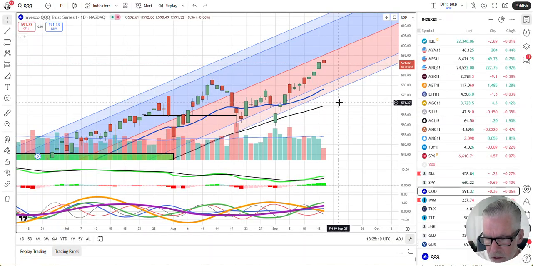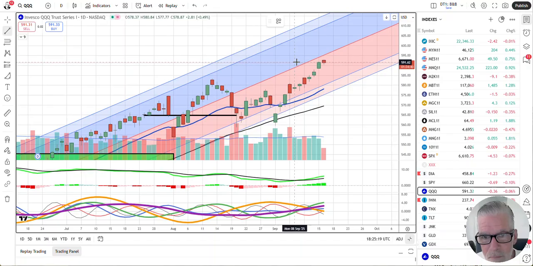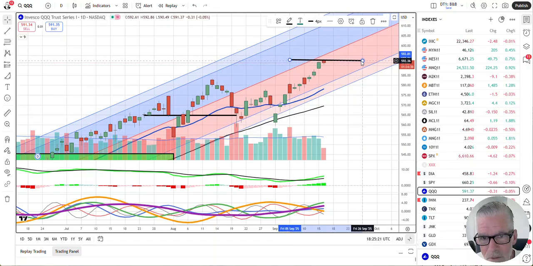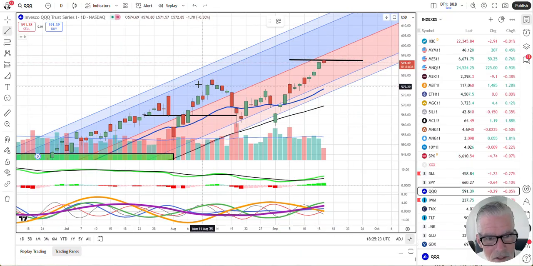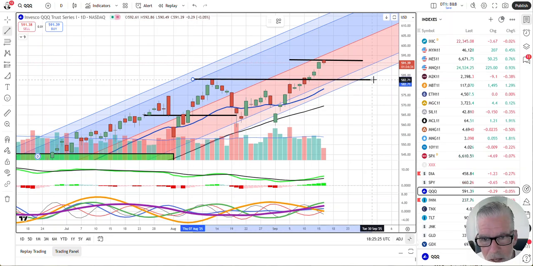Good, right? All good. Okay, again, sideways correction might simply be a trading range, and I would suspect that today's high would be the top of the range, and that previous pivot high right there would probably be the bottom of the range.